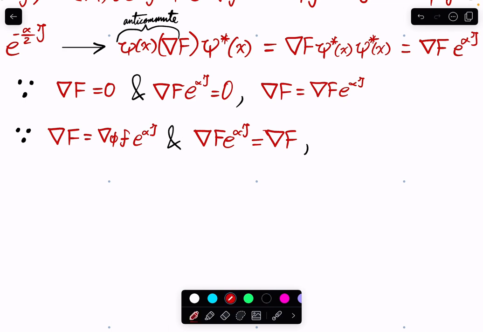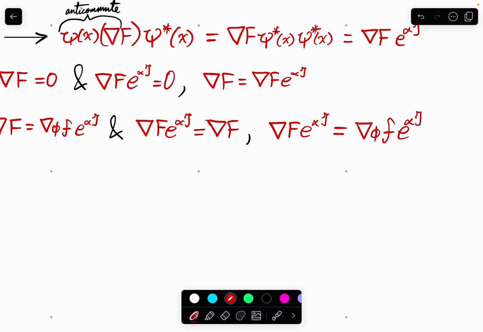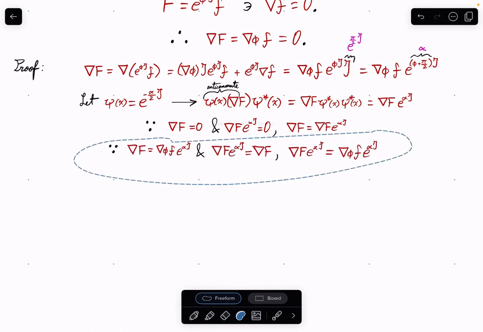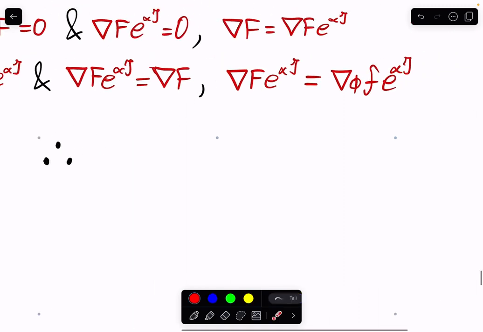We have that the gradient of f here, e to the alpha I, is equal to the gradient phi of f e to the alpha I. Therefore, we can cancel out the alpha i's here.